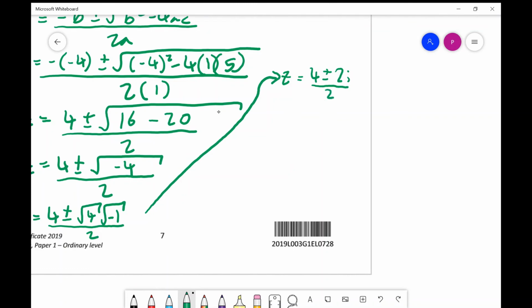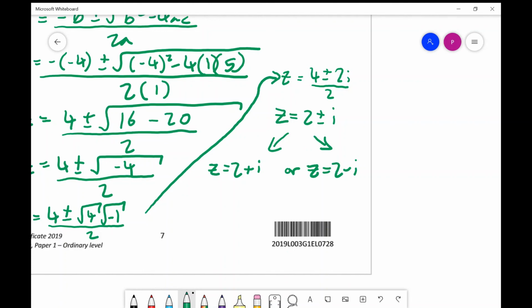Now I can divide 2 into both of these, because both are being divided by 2. 2 into 4 goes 2, and 2 into 2i goes i. So that means I've got two possible solutions for z: z is equal to 2 plus i, or z is equal to 2 minus i.